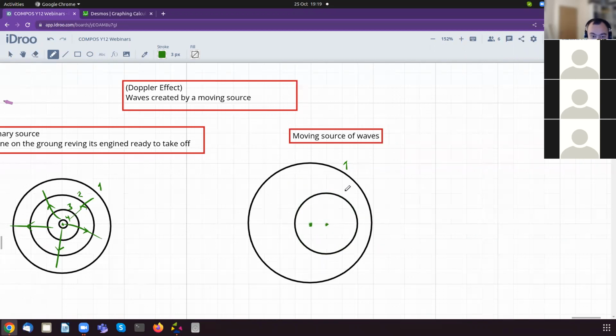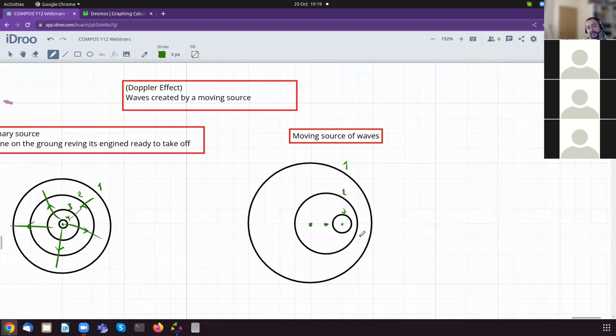When wave number 3 was created, the source has moved again, like this, and so on.